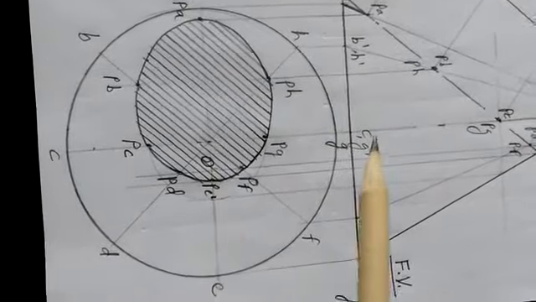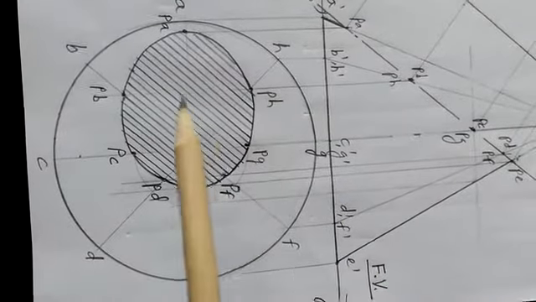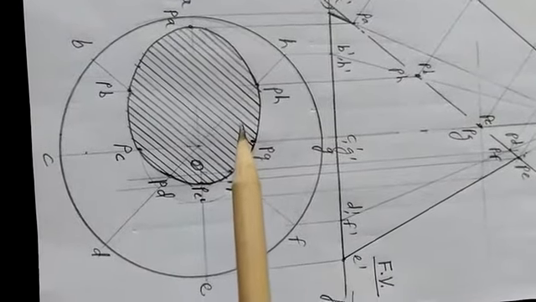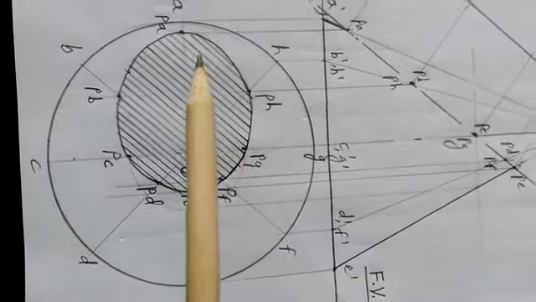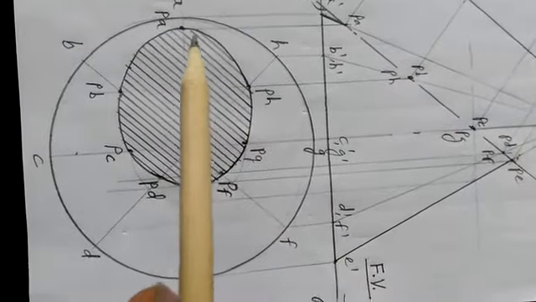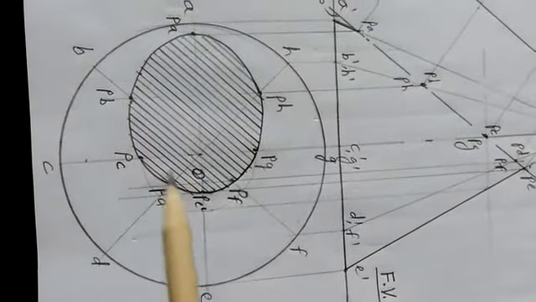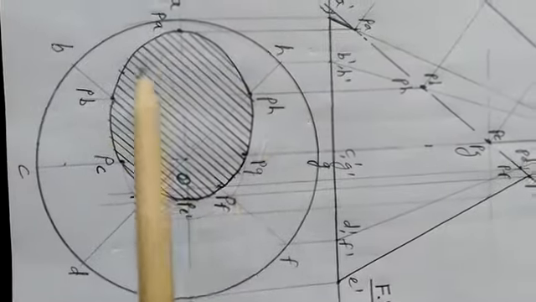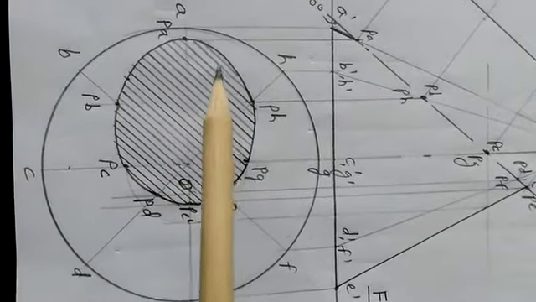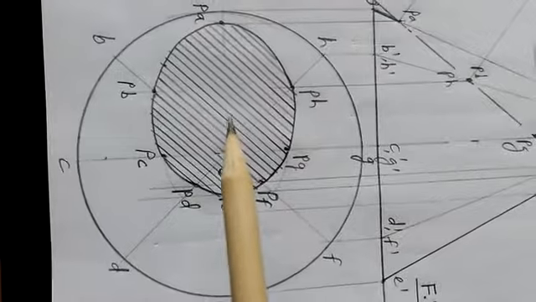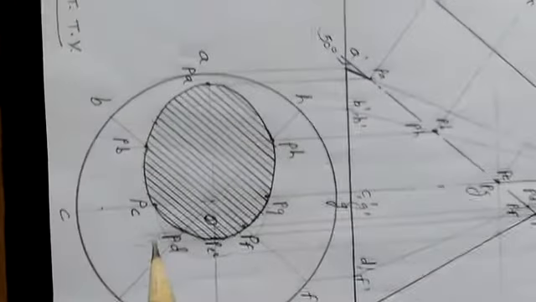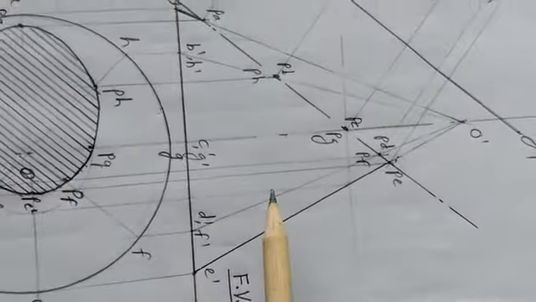But in case of cone and cylinder, the surface we get after cutting should be connected by freehand in this way, smooth curvature. So PA to PH, all the points I have connected in this way, and this is the apparent sectional surface we have got in the sectional top view. Okay, so this is the front view.